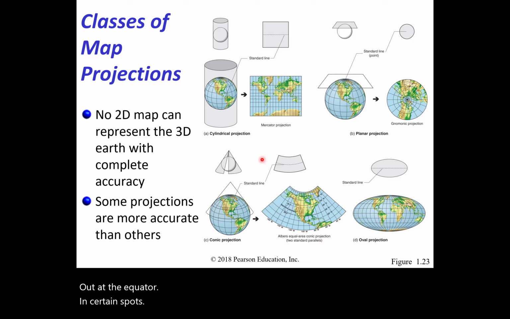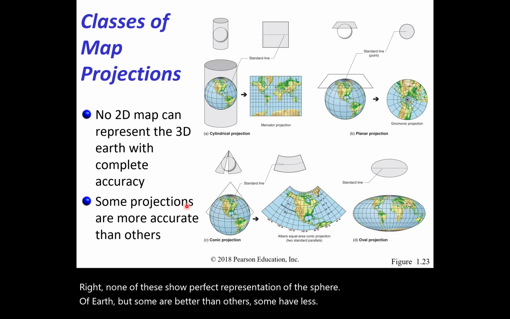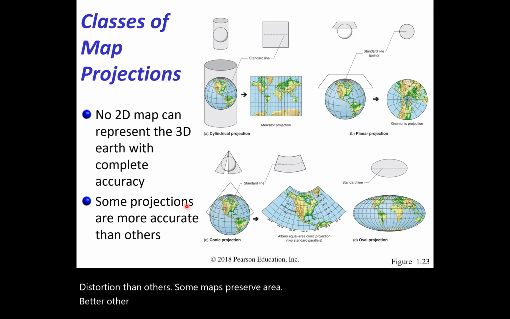Right, none of these show perfect representation of the sphere of Earth, but some are better than others. Some have less distortion than others. Some maps preserve area better. Other maps preserve distance better.